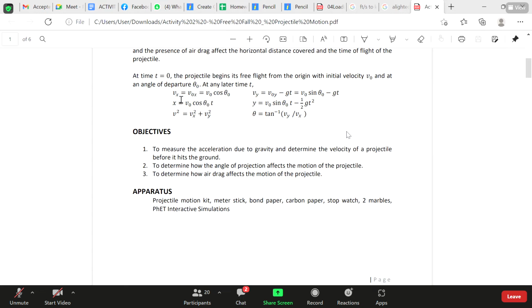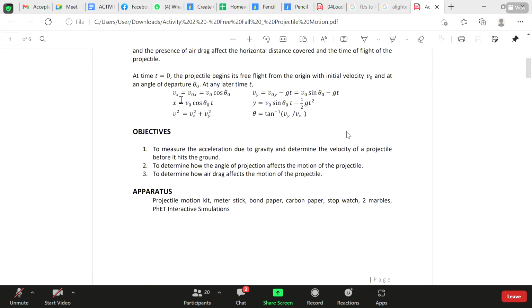In this activity, the marble is undergoing a horizontal projectile motion in which its initial velocity is along the horizontal line. Okay? Therefore, theta naught is 0. So you have cosine 0, which is 1.